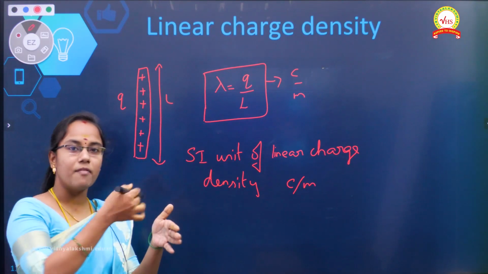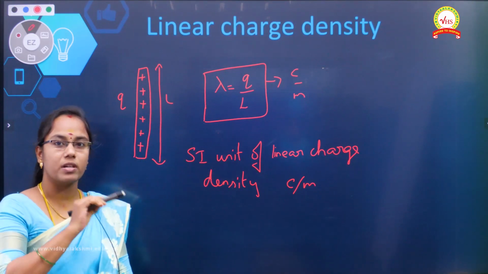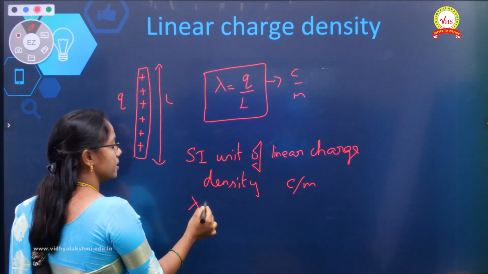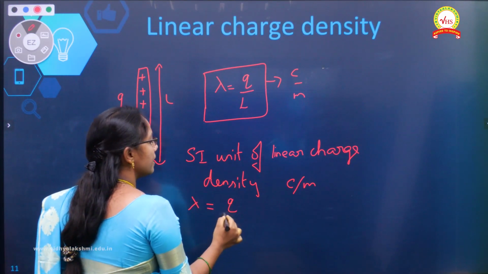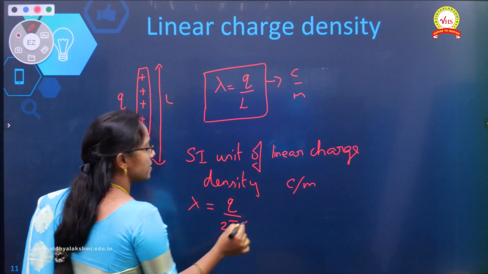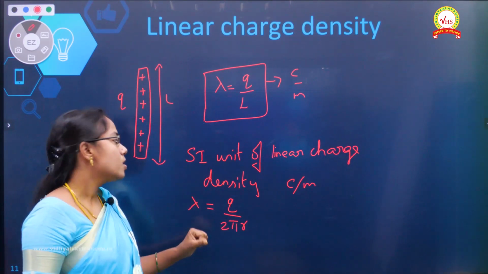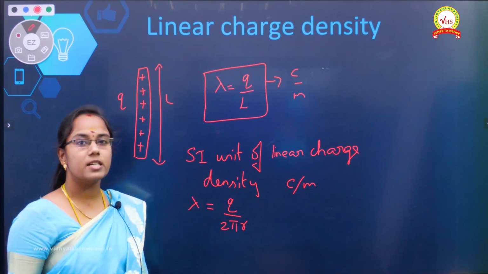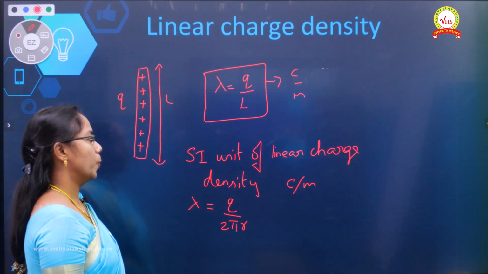For example, if you have a ring-like structure, then its linear charge density will be Q by 2 pi r. 2 pi r represents the circumference of the ring, right? So for a circular ring, the linear charge density is Q by 2 pi r.